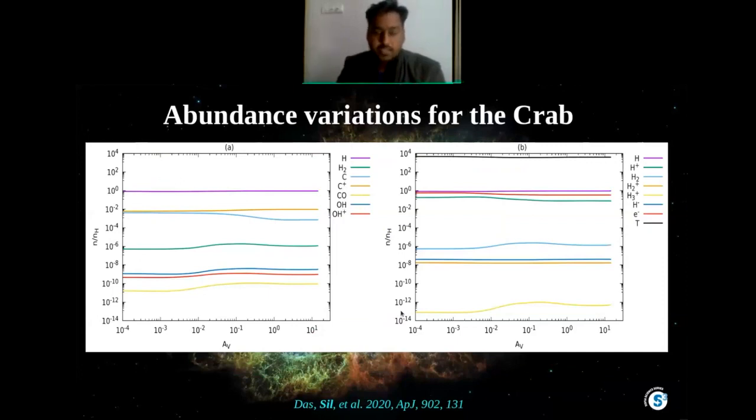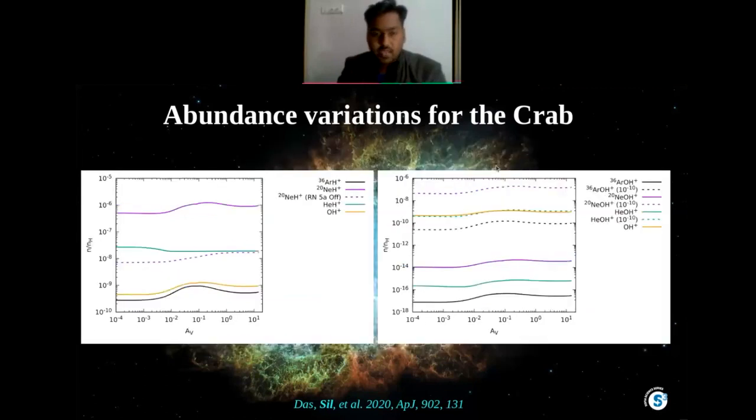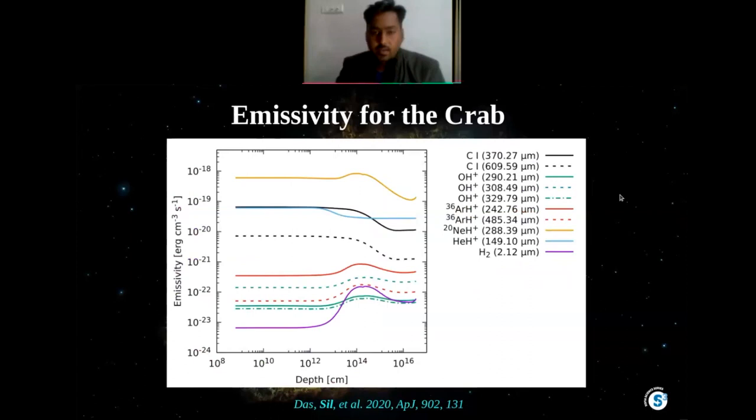Taking the best fitted model, we checked the abundances of simple species and ions, and the temperature, which is roughly of the order of 10 to the power 3 to 4 in this Crab environment. We checked the abundance variations of ArH+, NeH+, and HeH+, compared with the OH+ abundance observed by Barlow 2013, and also checked some hydroxyl ions of noble gases.